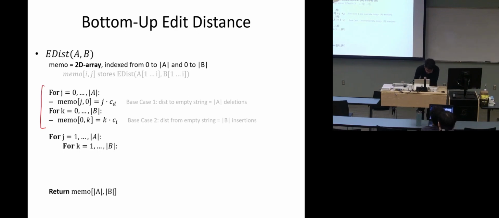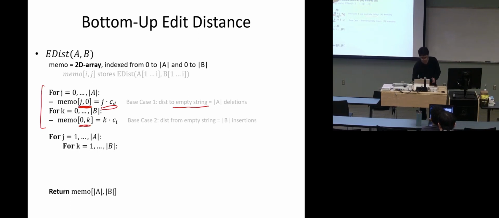Why does it look like this? So what does this mean? This is the edit distance. It's just the distance from two empty strings. How to edit from the prefix of A of length J to the empty string? So that's just deleting everything, J times. What is this?